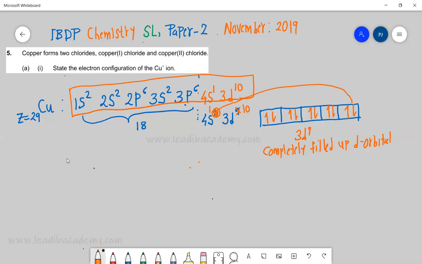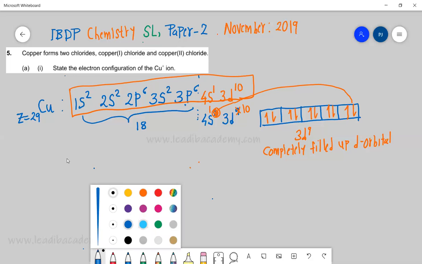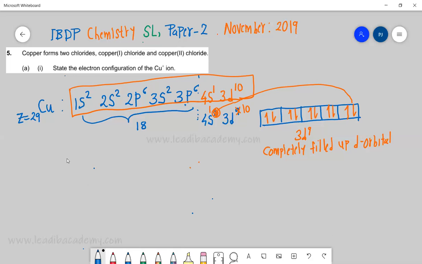Now another interesting part. Once the filling of the electrons has been completed, what happens is very important.